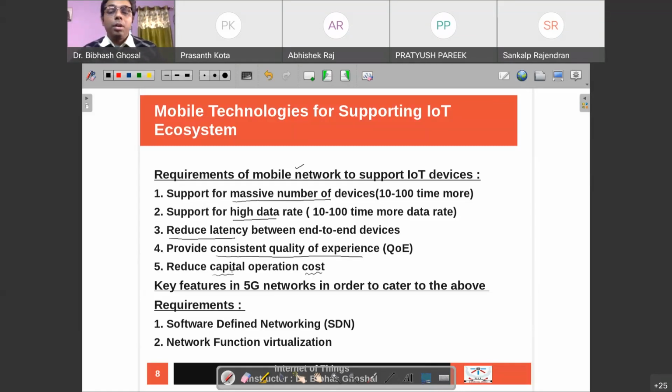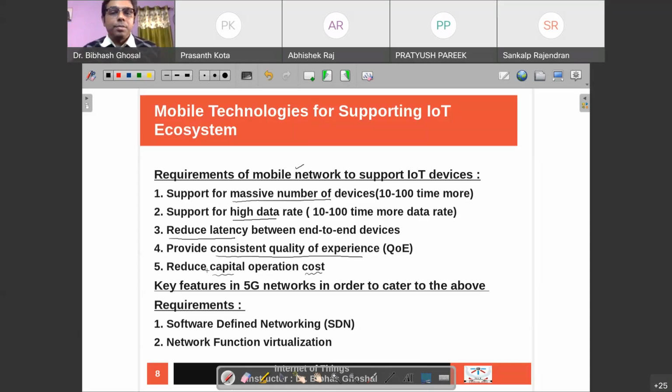You should not use a very costly mobile or a very costly network so that your entire cost of building the IoT system is spent on the mobile itself. If that is the case, then it is not a good solution. So you should think, should I really require to use the mobile?